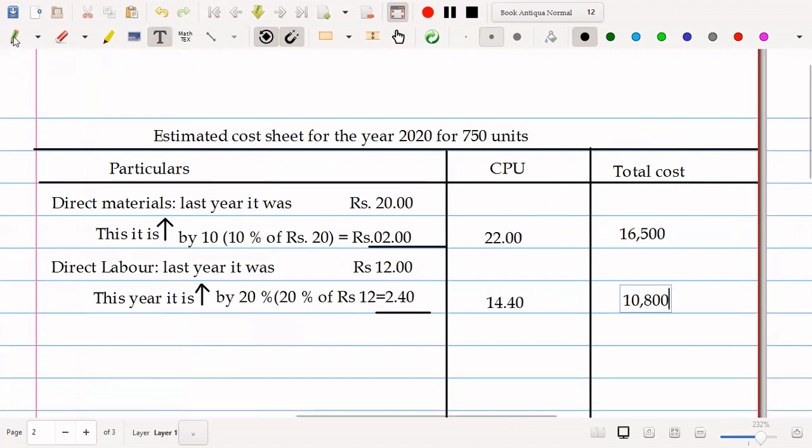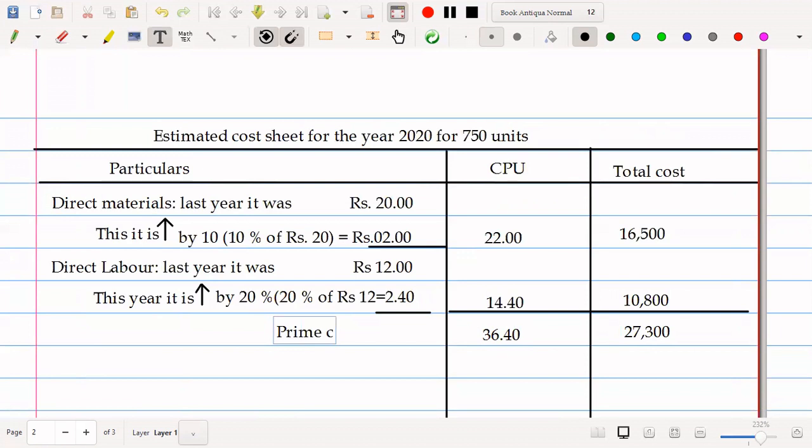Let's total this so that we can see what will be the prime cost. 36.40, and this will be 27,300. So this is prime cost.